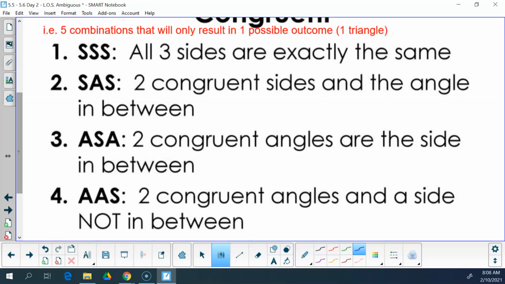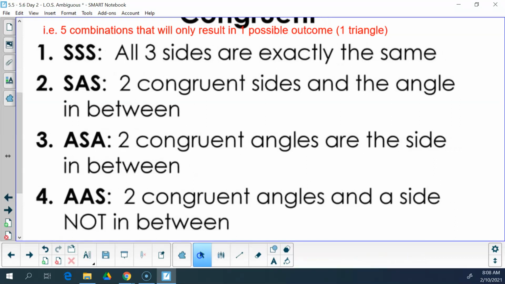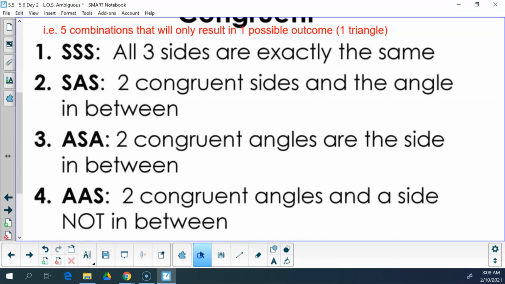So if we are solving a triangle and we're using side, side, side, that is the law of cosines. Okay? That's the one that we did yesterday, where we find the biggest angle first using the law of cosines, then we find the smallest angle using the law of sines, then we find the third angle using the triangle sum theorem. Okay?